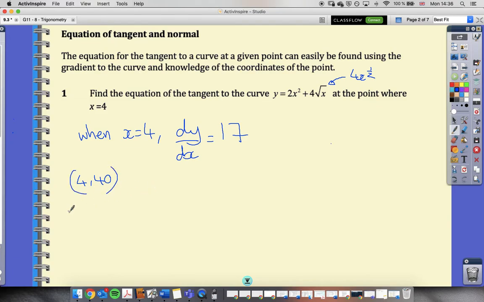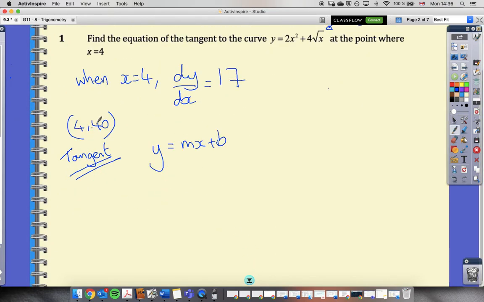So let's find the equation of the tangent. I'm going to use the other way of finding our equation just to mix that up. Let's give ourselves a bit more space. So my y coordinate is 40, m is 17, x is 4, plus b.